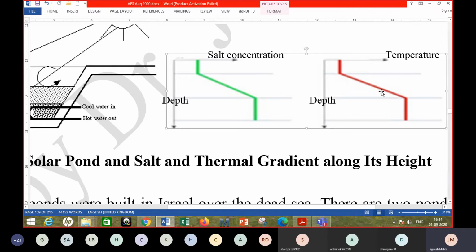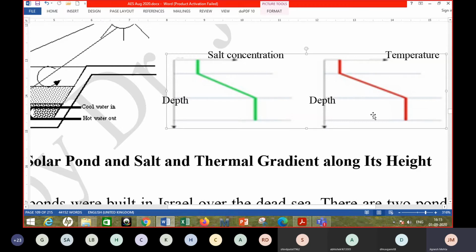So because of higher salinity in the bottom layers, or the salinity gradient, the natural convective heat transfer phenomenon is suppressed, and that's how it works as an insulating buffer zone.